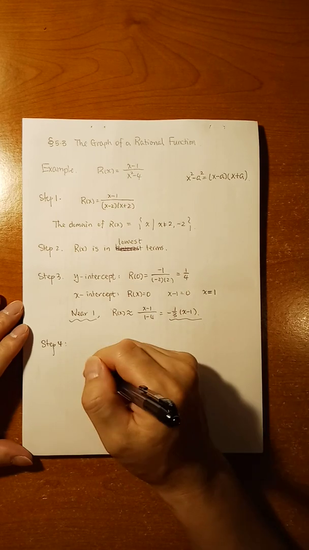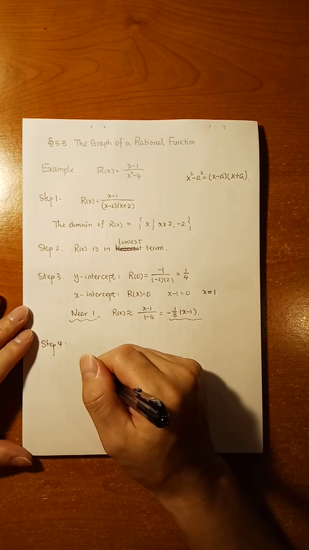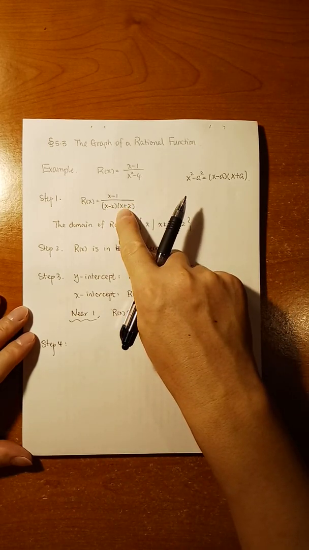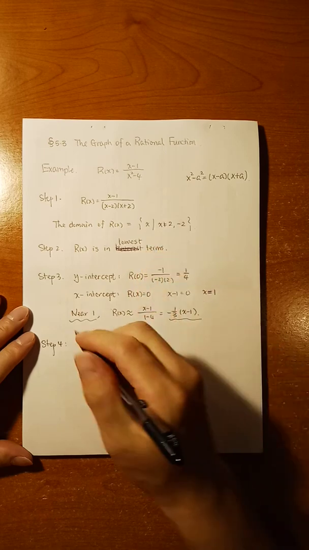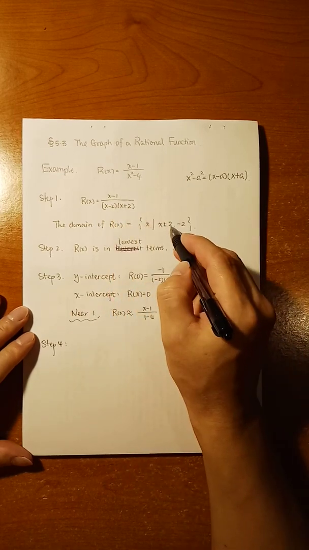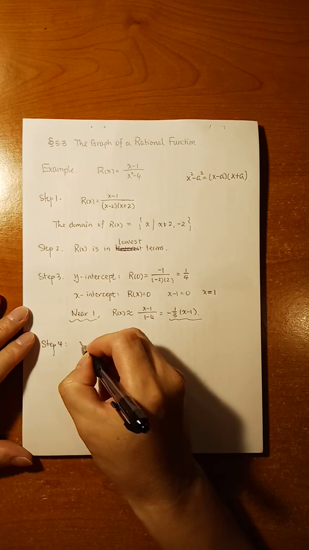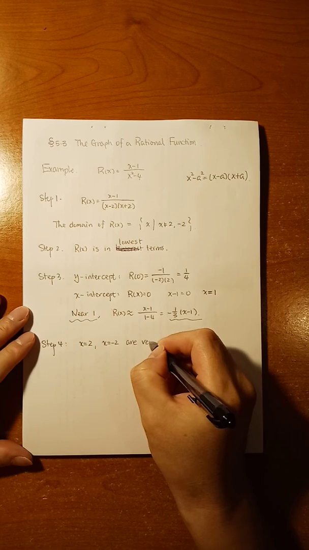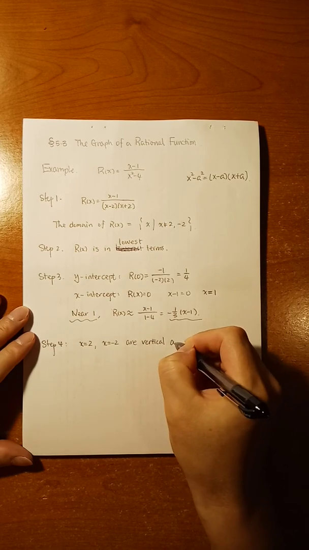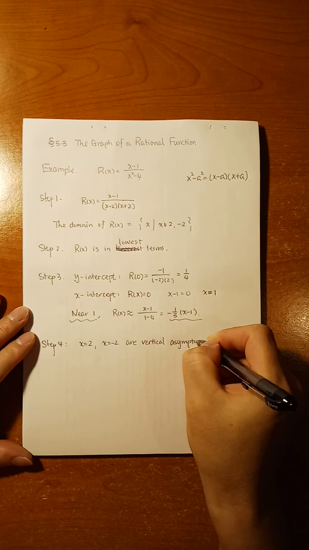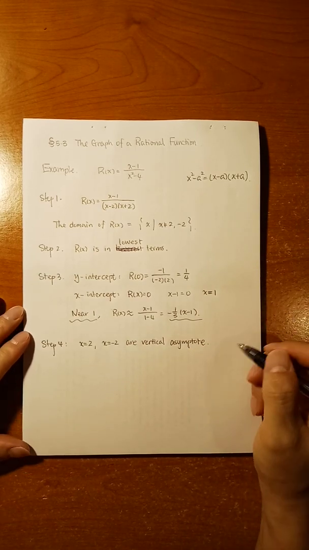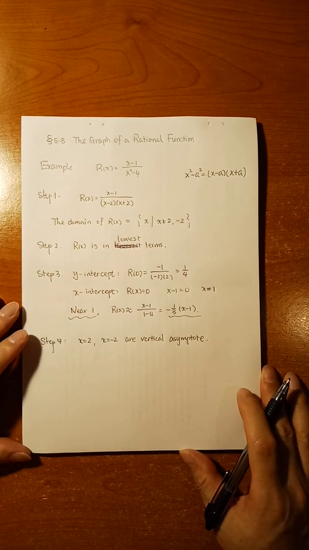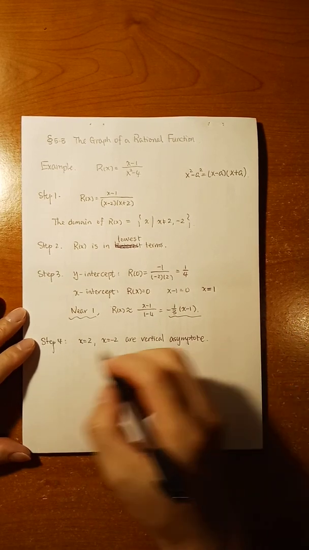Step 4, we locate the vertical asymptotes. The vertical asymptotes come from the zeros of the denominator when you have lowest terms. The zeros of the denominator are negative 2 and 2. So x equal to 2 and x equal to negative 2 are vertical asymptotes.